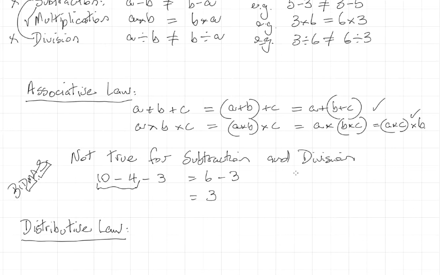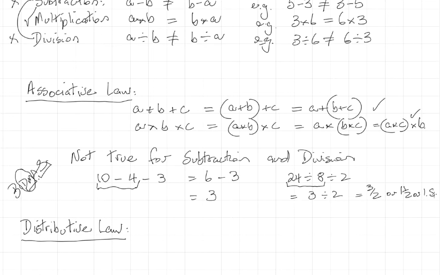Division is similar. If you had 24 divided by 8 divided by 2, we divide by the 8 first, because we do multiplication and division left to right as they occur. 24 divided by 8 is 3, divided by 2, and that's equal to 3 over 2, or 1.5.